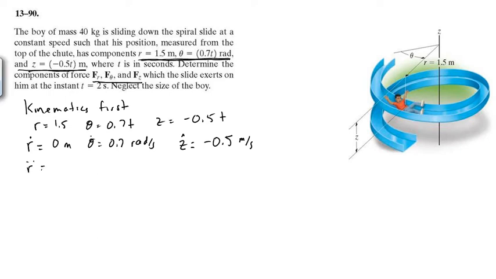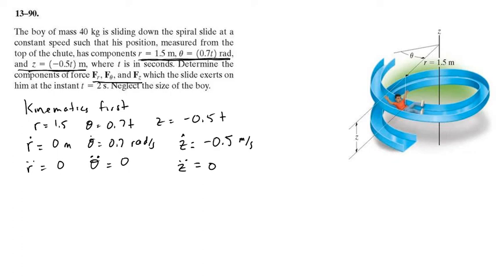So r double dot is also going to be 0, theta double dot is going to be 0, and z double dot is equal to 0. Alright, so there's no r, theta, or z components of acceleration, and these are the velocities.